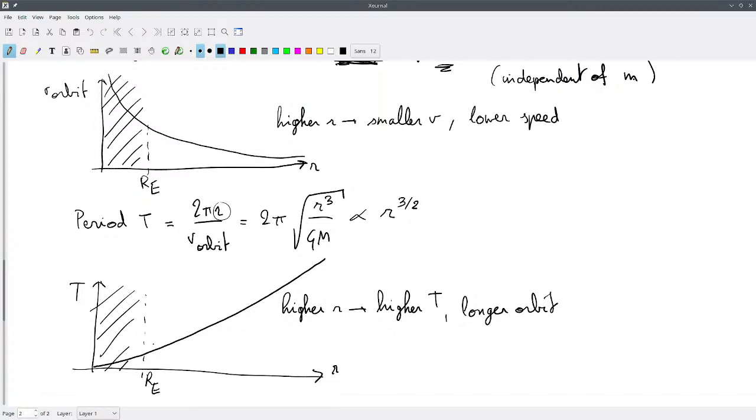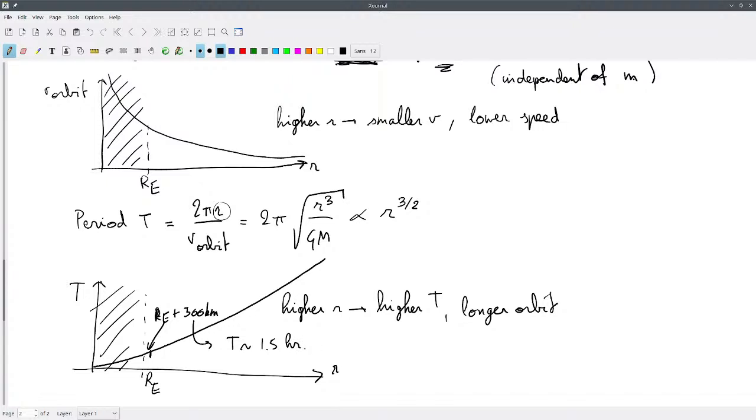Notice, by the way, that we could calculate what the orbital period would be at approximately the surface of the Earth. Obviously nothing flies at the surface of the Earth, but if we pick a little bit higher, at RE plus 300 kilometers, which is low Earth orbit, then we would find that the period is approximately 1.5 hours.